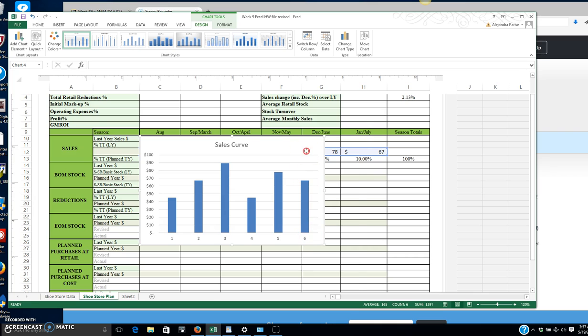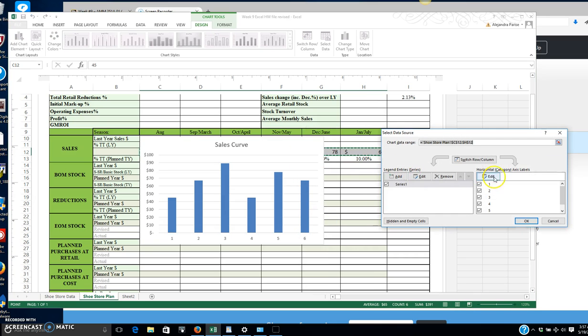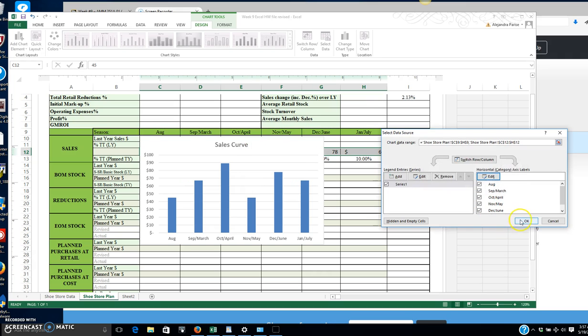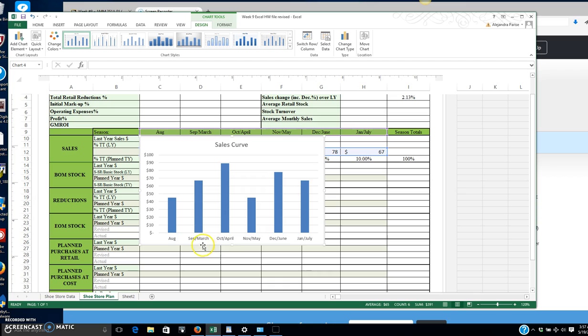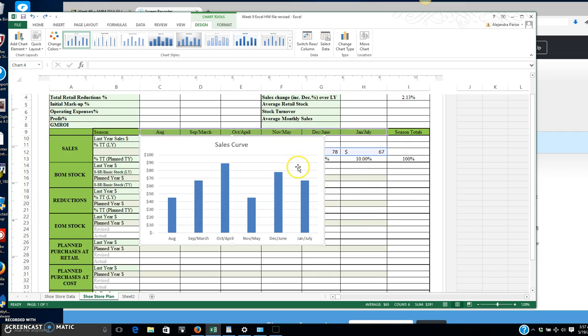So when you right click and select data, you're going to go ahead and edit the horizontal axis, and then you're going to go ahead and select your months. Okay, click OK, and there you have it. Mine's showing both because I haven't cleaned it up. Yours will be cleaned up, so no worries there. Sorry, just clicked on that.